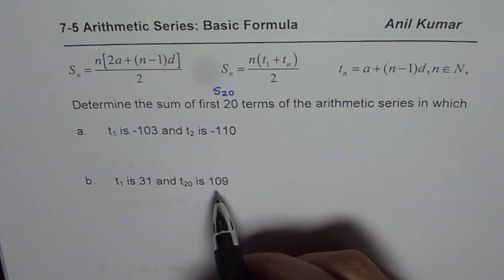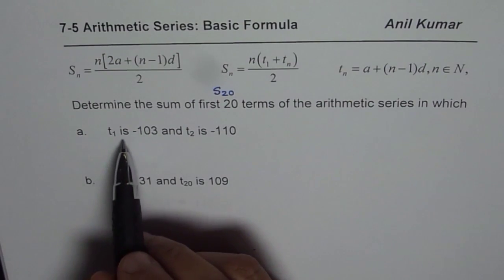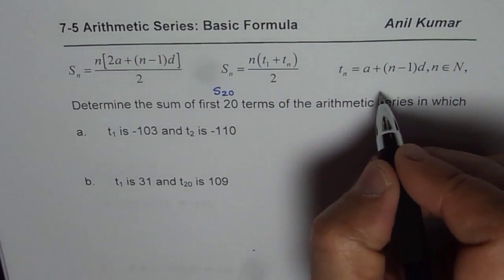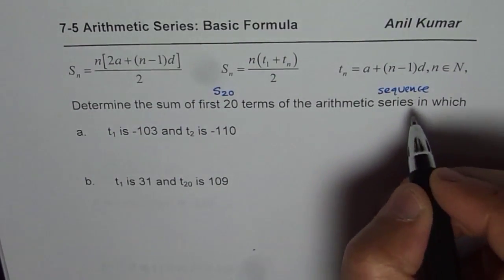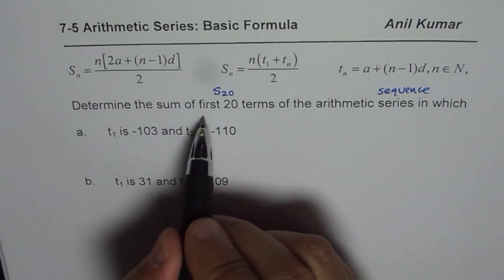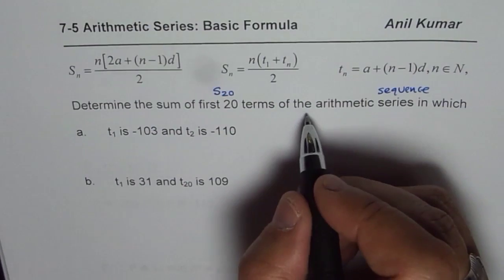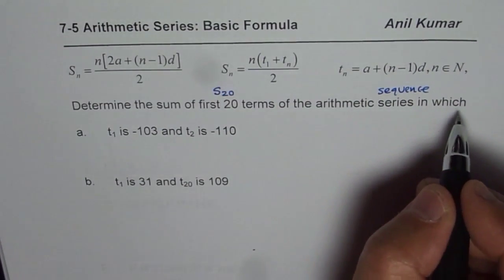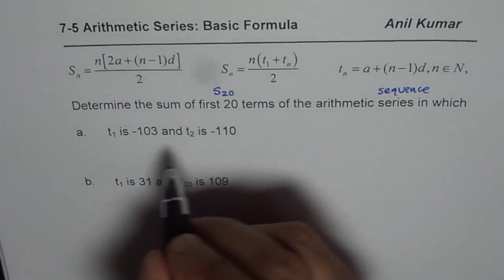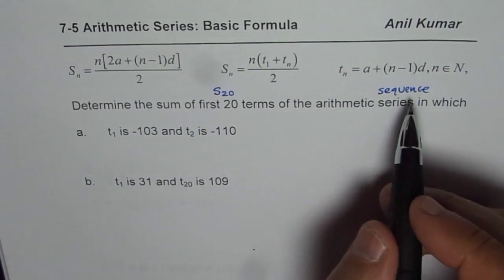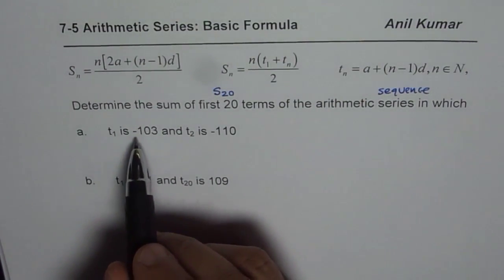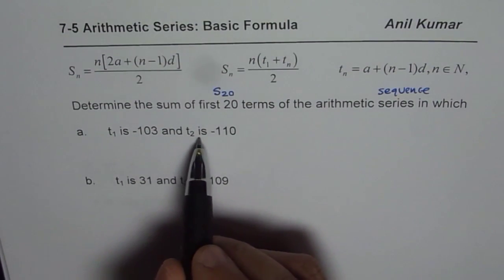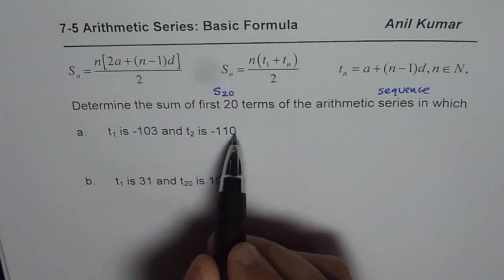Strictly, we should use the word arithmetic sequence, because generally whenever we are talking about terms, it is a sequence. Okay, so T1 is minus 103 and T2 is minus 110.